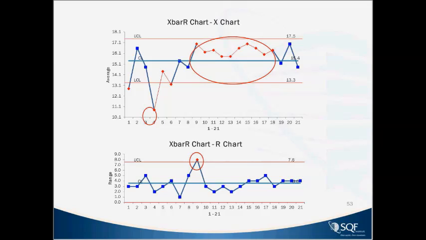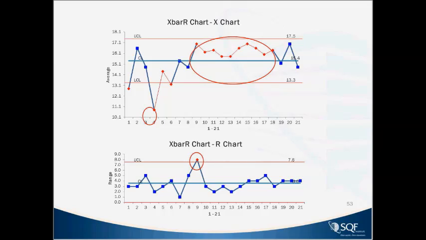The other thing control charts are great at is showing us trends. In this case, we've got a bunch of points all above the mean of 15.4. If we're seeing common cause variation, we would expect to see an equal number of points above the mean and below the mean. In this case, over a period of time, it's trending above the mean.